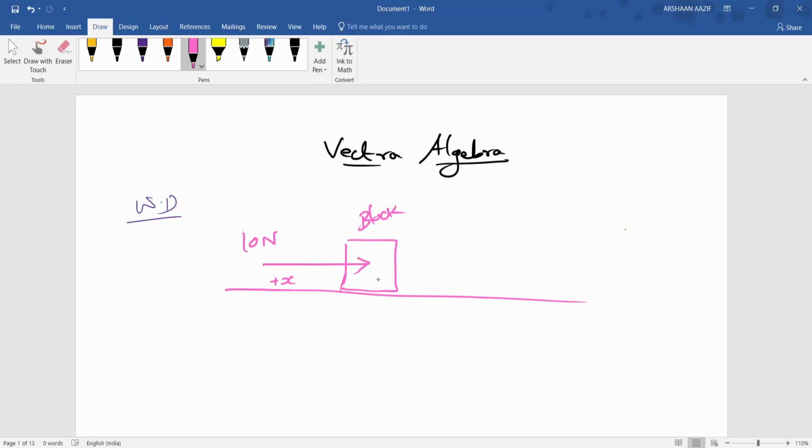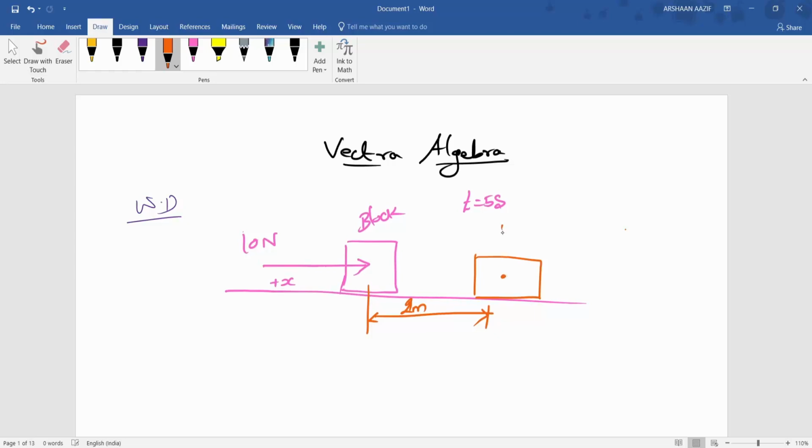This force is applied for a time; let me take time equal to 5 seconds. If this force is sufficient to move the block, that is, if it is greater than the inertia, the block will move for a small distance x. Let me take it as 2 meter. So in 5 seconds the block is moved for 2 meter.